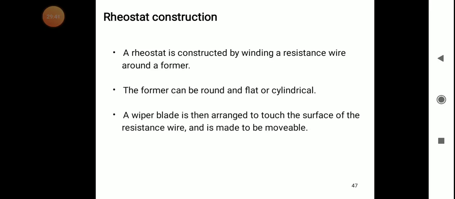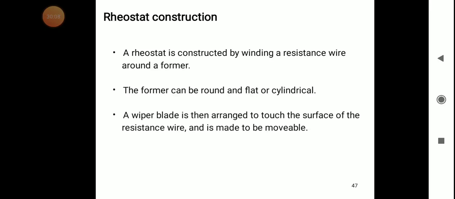Rheostat construction. A rheostat is constructed by winding a resistance wire around a former. The former can be round, flat, or cylindrical.